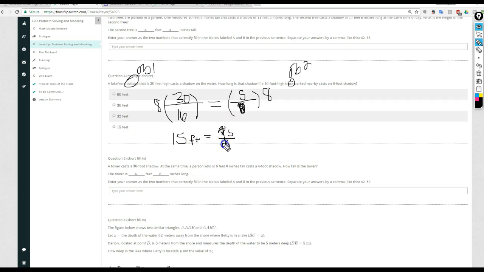So then I would be left with 1S, or just S, is equal to 15 feet. And so the S was representing the shadow that the cottage cast. So it casts a 15-foot shadow.